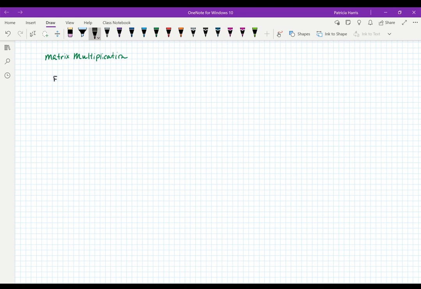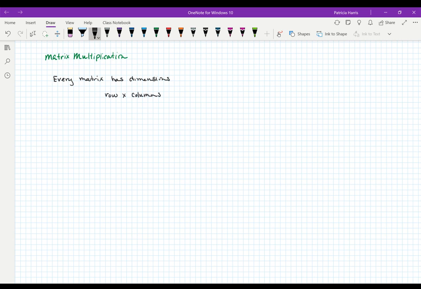So every matrix has dimensions. Okay, and they are number of rows by the number of columns.